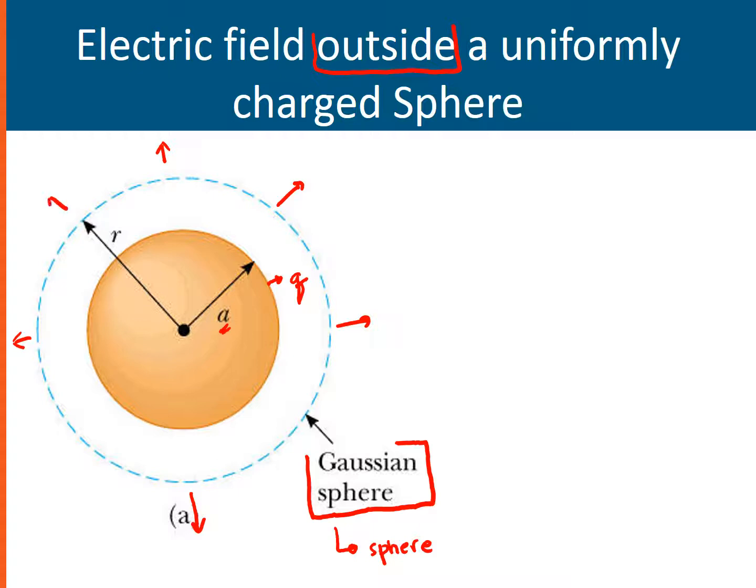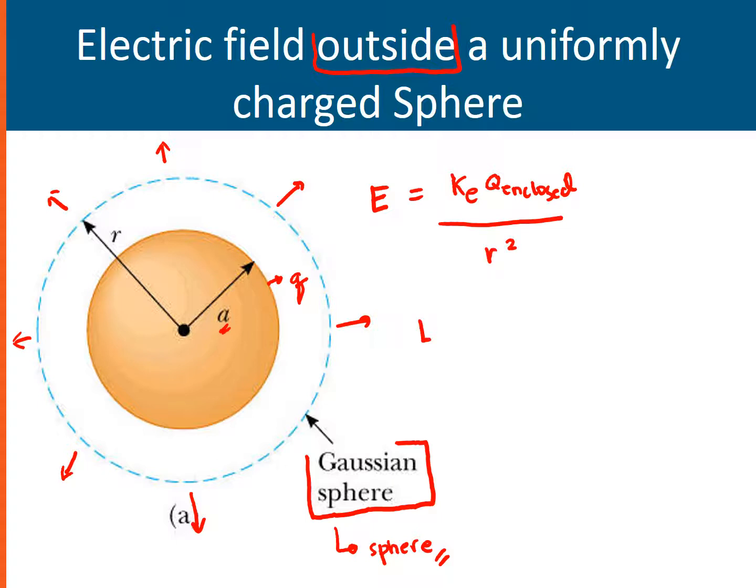And again, since our Gaussian surface is actually a sphere, we could just use the same equation as that of a point charge or a hoop, wherein the electric field is equal to Ke Q enclosed in the Gaussian surface, divided by r squared, the radius of the Gaussian surface.